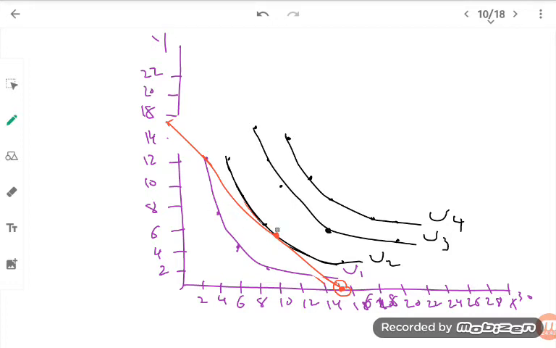So the point of maximum satisfaction in this case will be 9 and 6. So for this consumer, in order to maximize his own level of satisfaction, he has to buy 9 units of X and 6 units of Y.